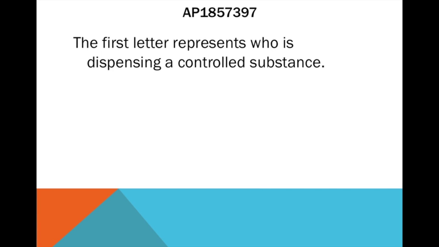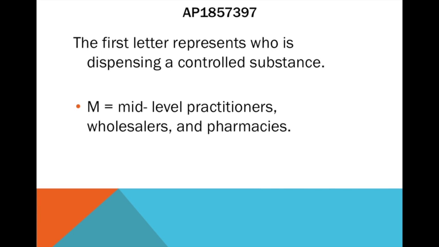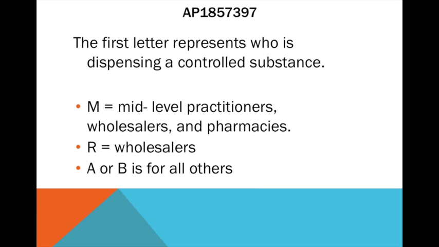The first letter represents who is dispensing a controlled substance. If it starts with an M, it's going to be a mid-level practitioner, and pharmacies. If it starts with an R, it's going to be wholesalers. A or B is for all others.